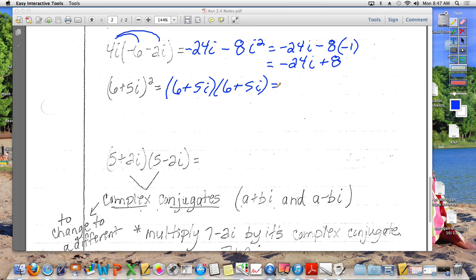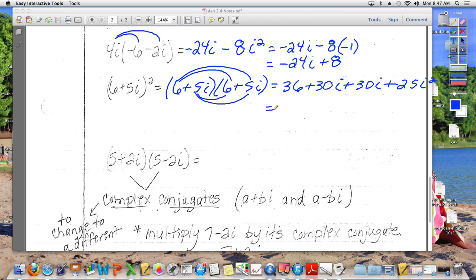All right, we're going to FOIL. 6 times 6 is 36. 6 times 5i is 30i. 5i times 6 is 30i, and then 5i times 5i is a positive 25i squared.